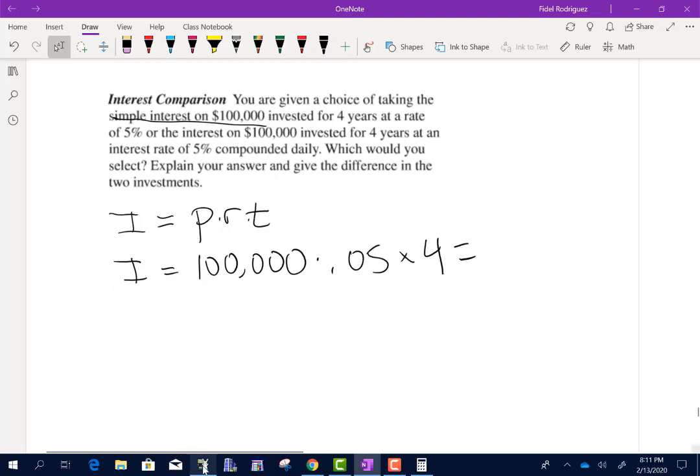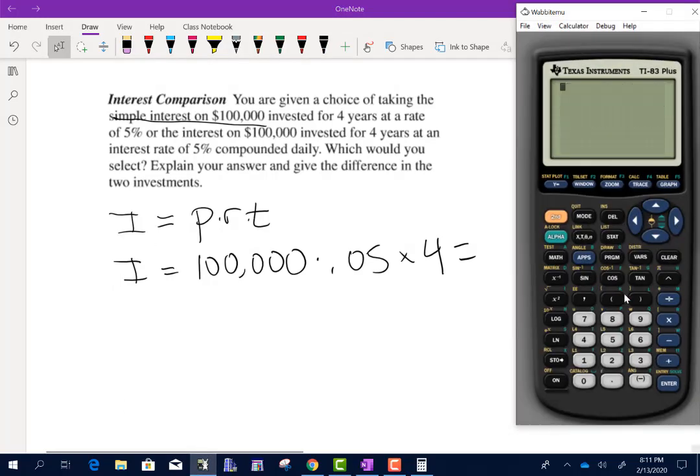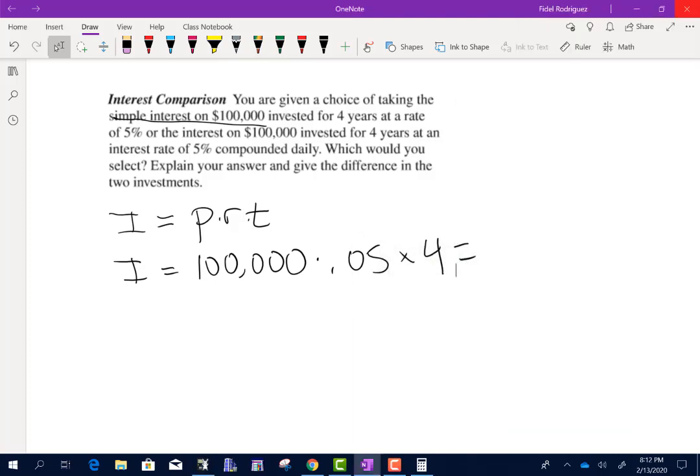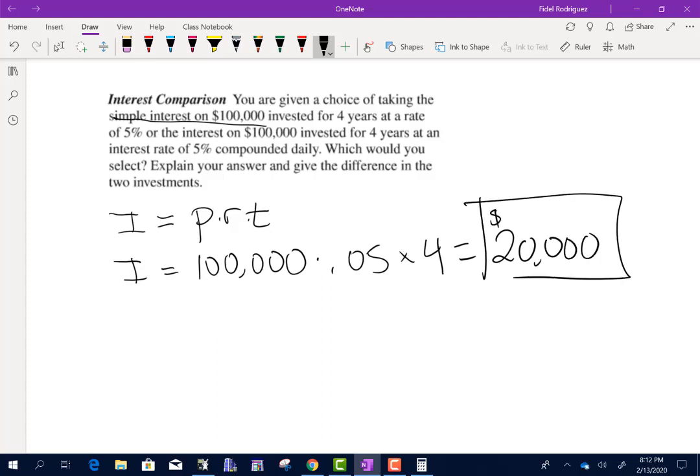So let me grab my calculator and let's do that real quick. So clear that out. 100 grand times 0.05 times 4 gives me $20,000. Okay, so there we go. So we're going to end up with $20,000, right?